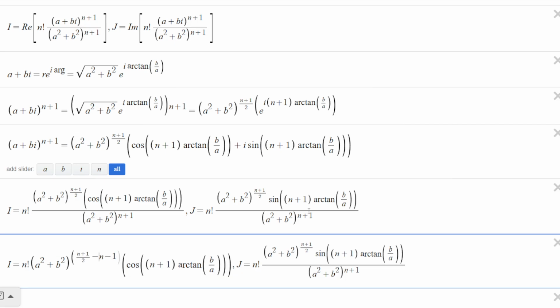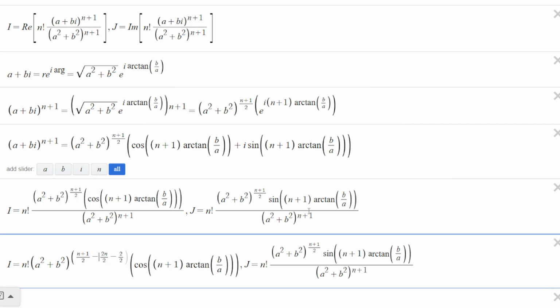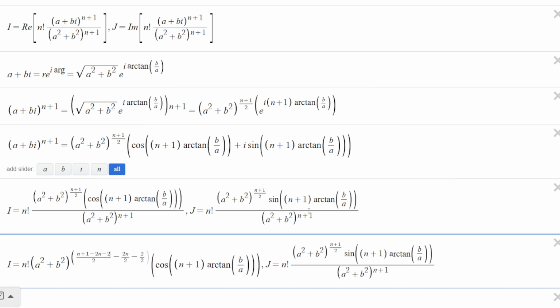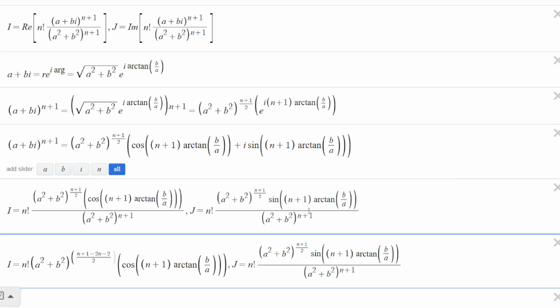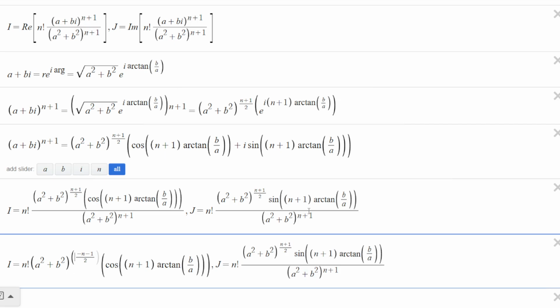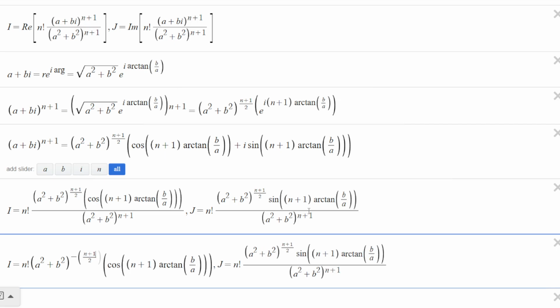Cleaning this up, this is 2n over 2. This is 2 over 2. So we can just subtract 2n and then subtract 2. Now we don't need this. 1 minus 2 is negative 1. n minus 2n is just negative n. Then we factor out the negative sign, and we have an n plus 1 over 2.